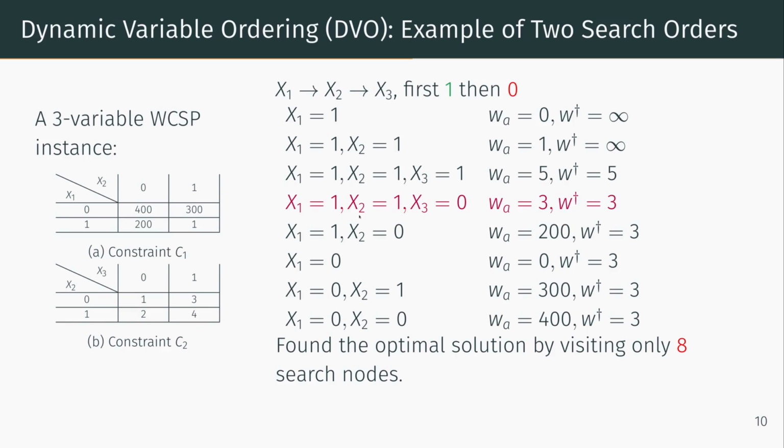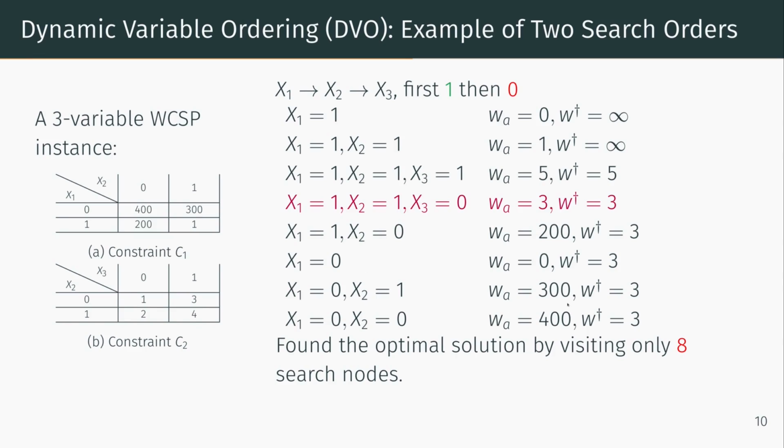After that, we backtrack, and we go to x1 equals 1 and x2 equals 0. Here we already found that WA is 200 and it's way larger than 3, so we don't have to try any value of x3. Then we backtrack to x1 equals 0, and go down 1 level, x1 equals 0, x2 equals 1.